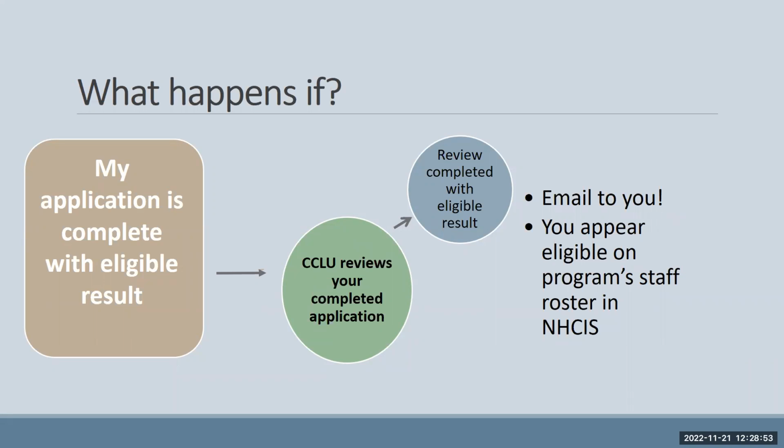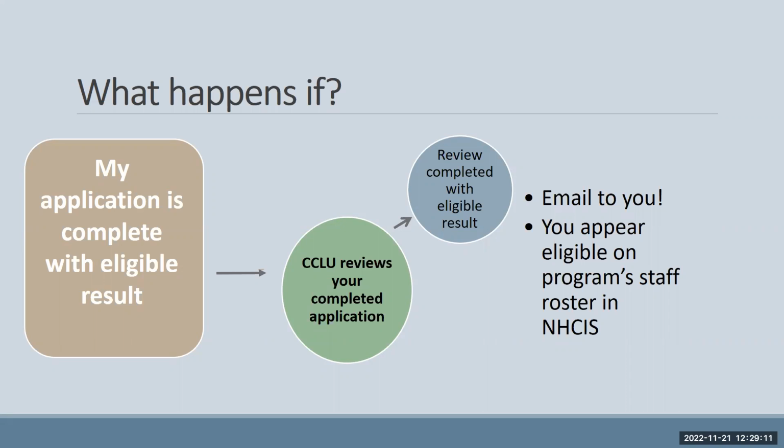There's no change in the status on your background record checks tile. Only the program is notified. So it's very important to remember that the program is the one that should reach out to you and let you know that you can start work under the supervision of already eligible staff.